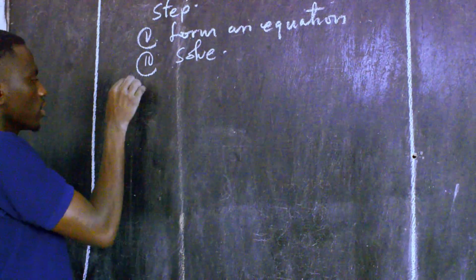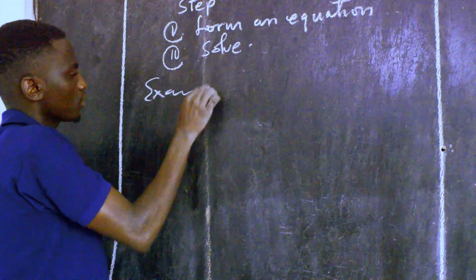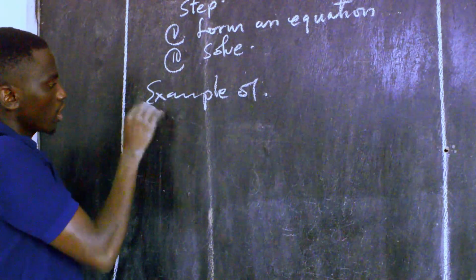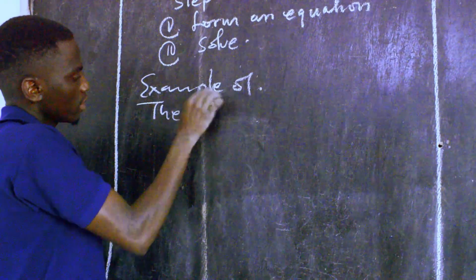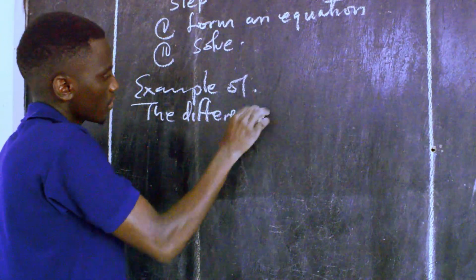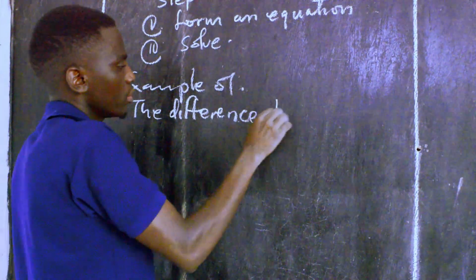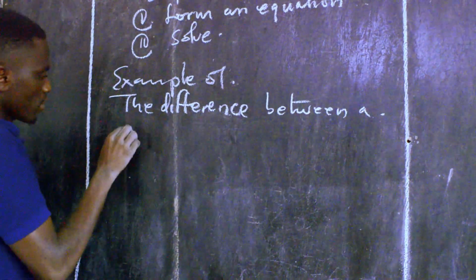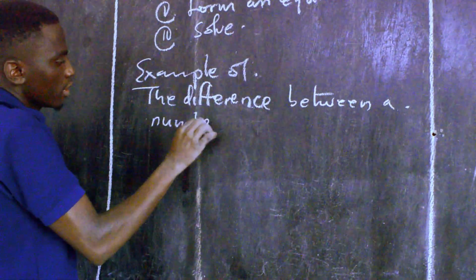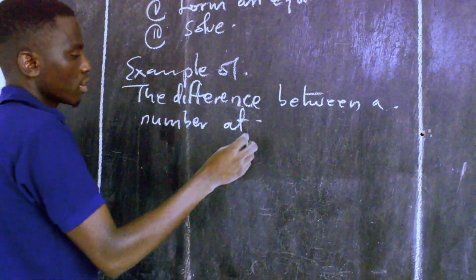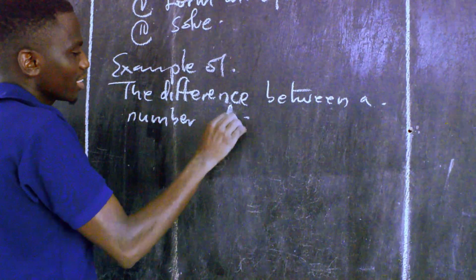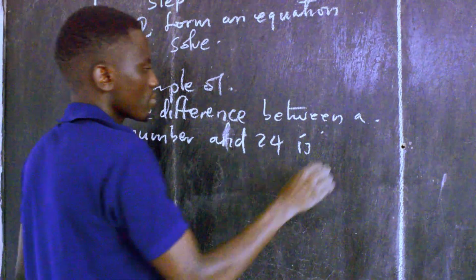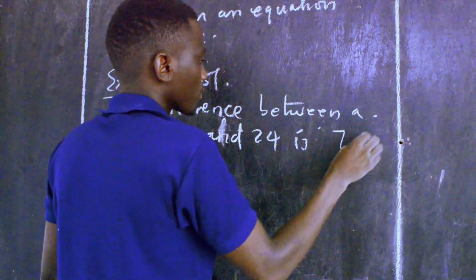So let's start. Example 1. The difference between a number and 24 is 7.